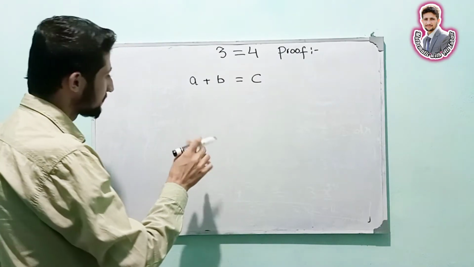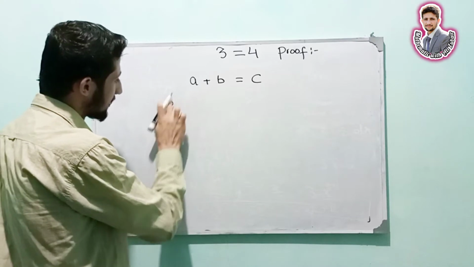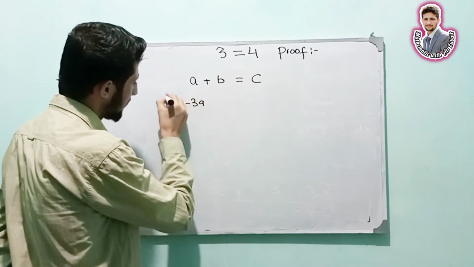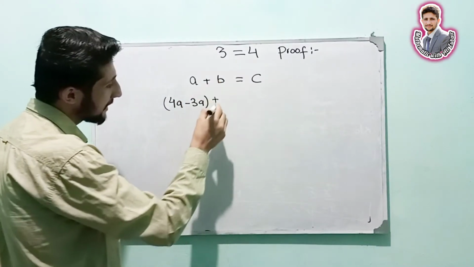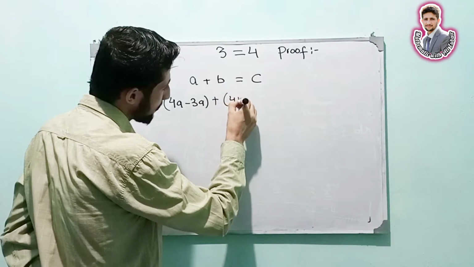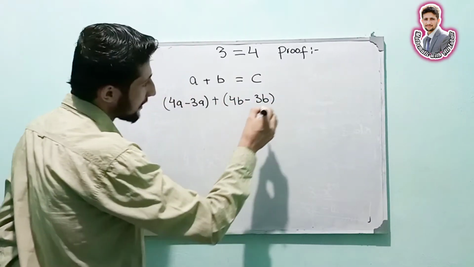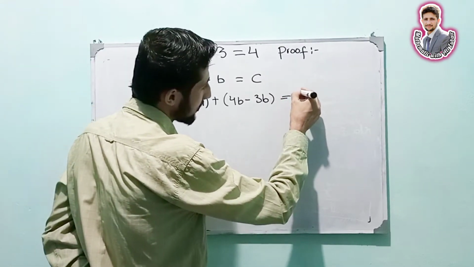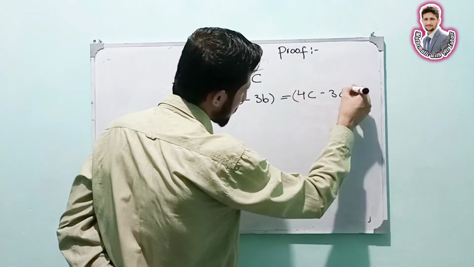Now what I am doing, I can write this A as 4A minus 3A, plus I can write this B as 4B minus 3B, is equal to, I can also write this C as 4C minus 3C.